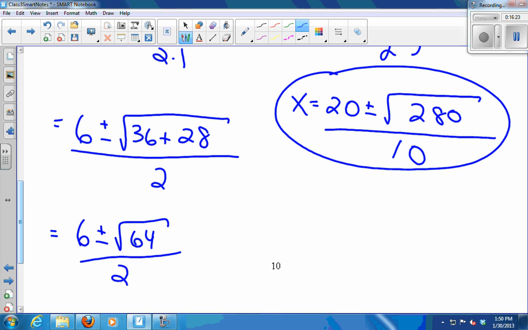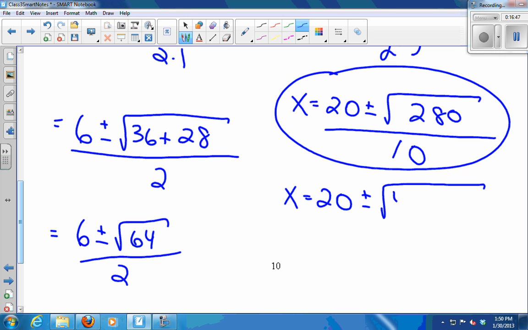So would WebAssign. WebAssign accepts these things unsimplified as long as it's correct. If you want to simplify it, you rewrite what's under the square root as a product of a perfect square and something else, right? The largest perfect square that goes into 280 would be what? 4, yep.